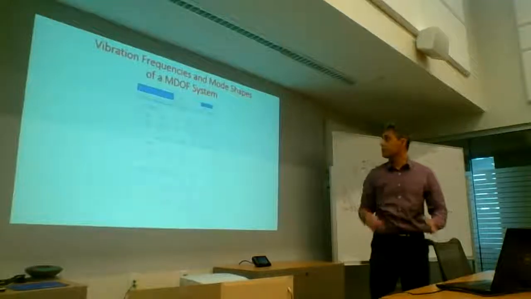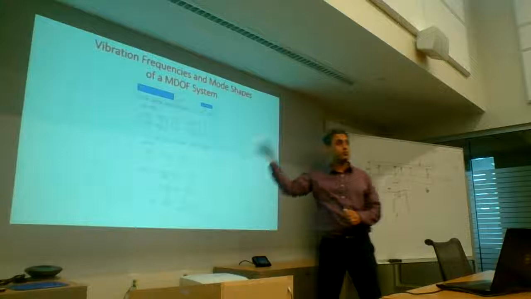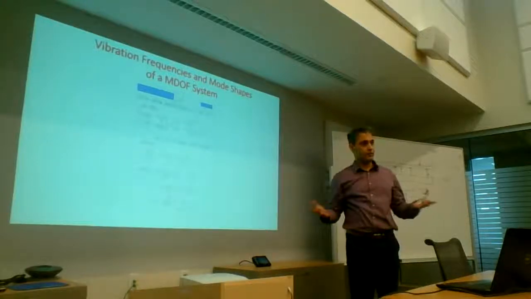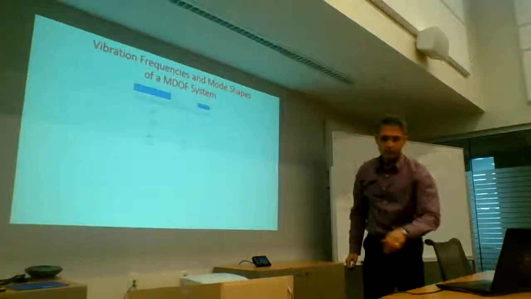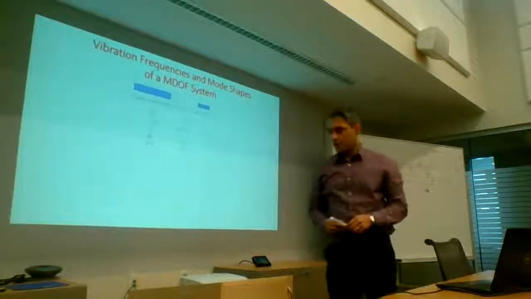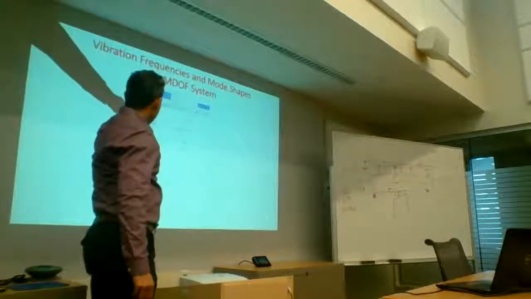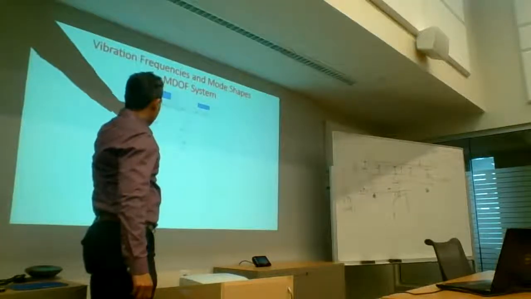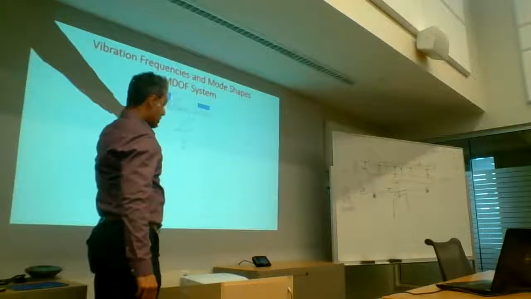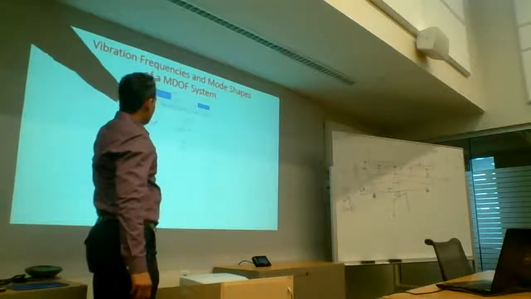I do the same thing for mode number 2, except now my omega 2 squared value is what I had calculated earlier, so it's different. And here are my mode shapes. This is the deformation at degree of freedom 1, phi 1, under mode 1. Degree of freedom 2, under mode 1.